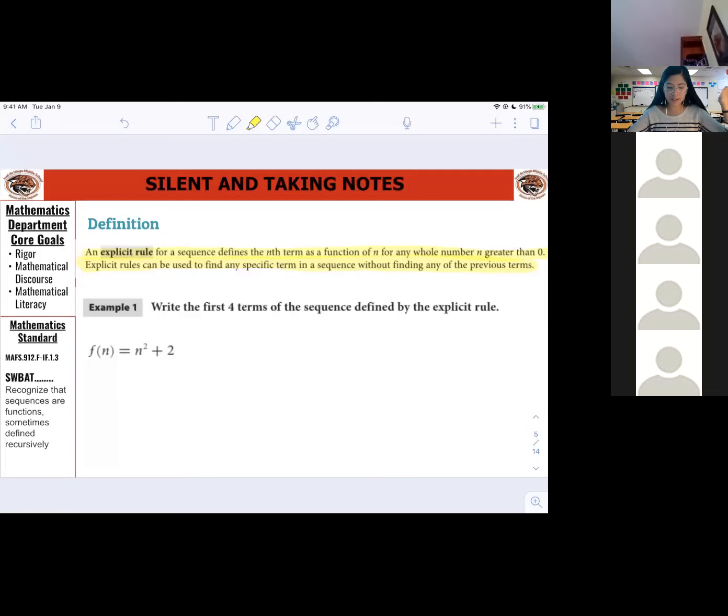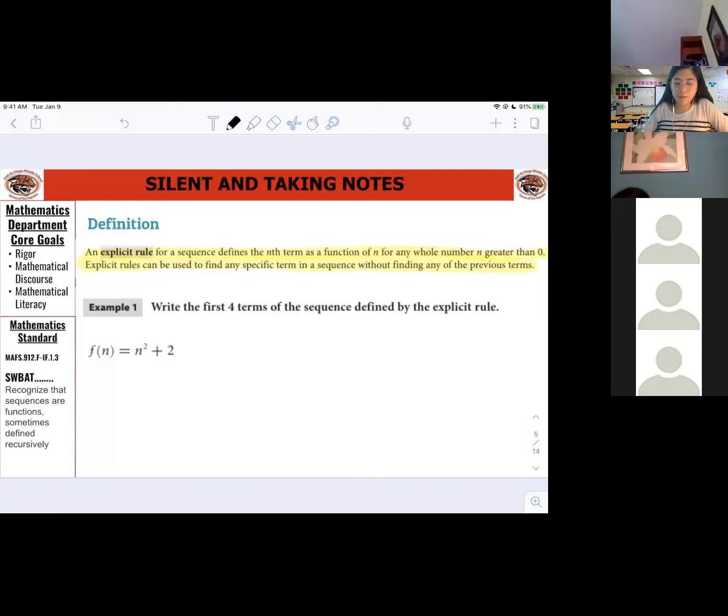And then it says, explicit rules can be used to find any specific term in a sequence without finding any of the previous terms. So what that's saying is that you could pretty much figure out any number in this sequence, in this pattern, without having to know what came before. Because all you need to do is simply plug in the number that you're trying to find. So let's go ahead and do example 1.